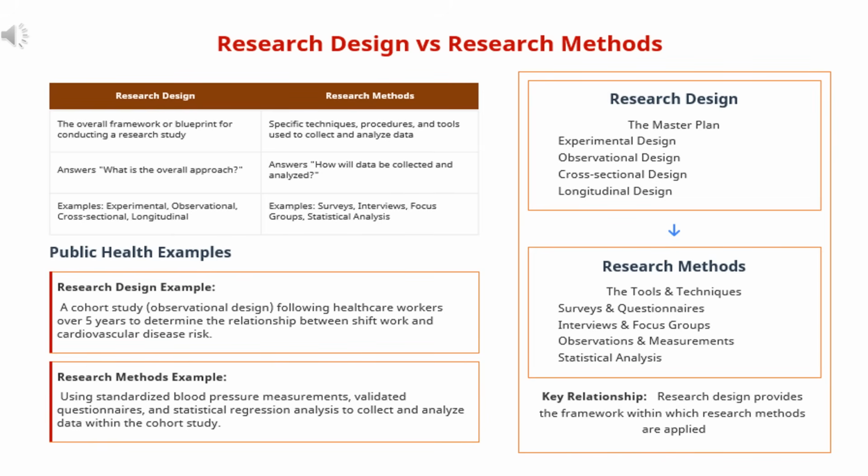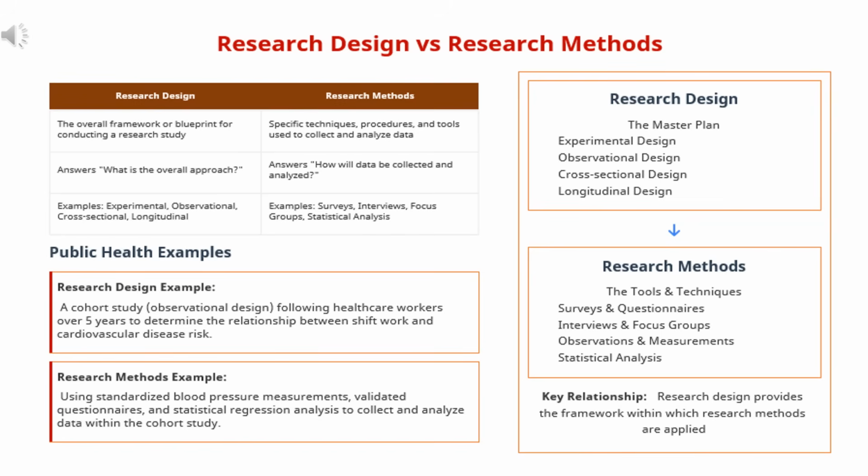It could be an observational design, such as a cohort study or a cross-sectional study. This design defines the nature of your inquiry. Then for the research method, you will use specific tools like surveys, interviews, focus groups, or various statistical analyses to collect and make sense out of your data. Okay, and the key relationship here is that your research design provides the overall framework, and your research methods are the specific tools you apply within that framework.